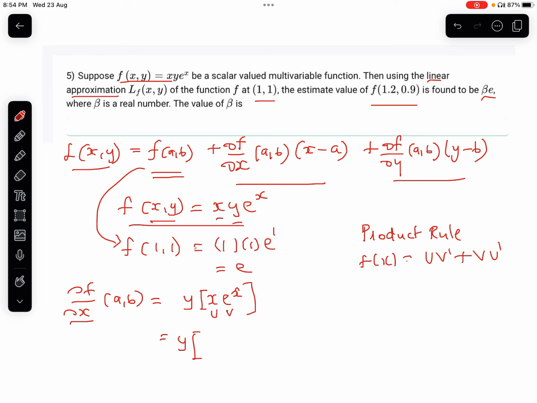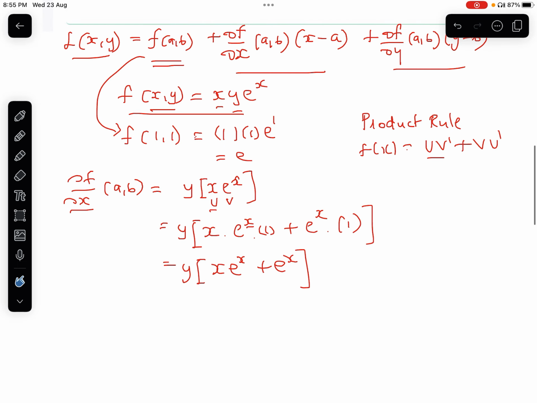Write u as it is, times v dash, which is e power x, plus v as it is times u dash; since we are differentiating with respect to x, the derivative of x is 1. Therefore it is y into x e power x plus e power x.